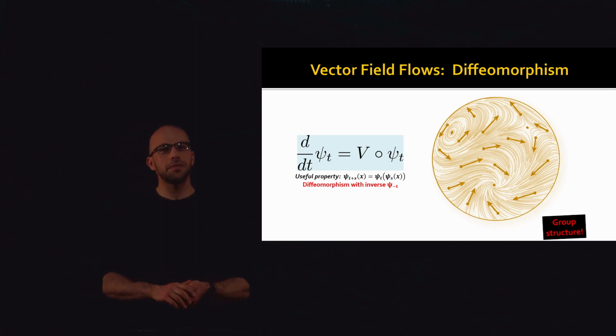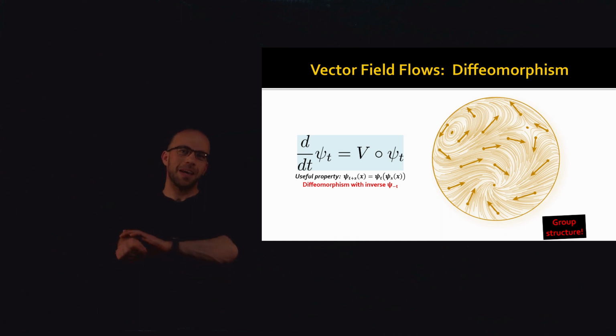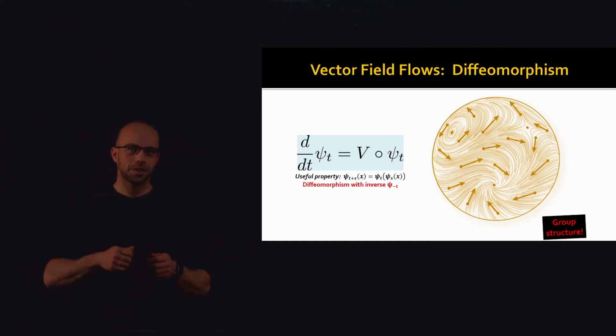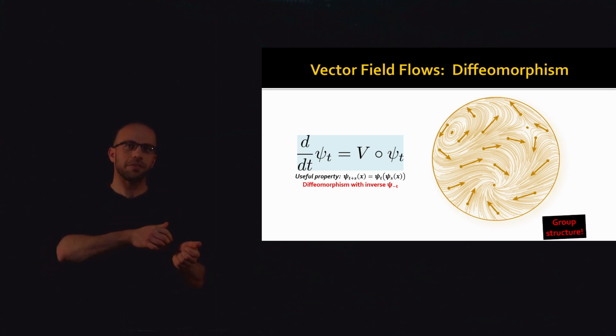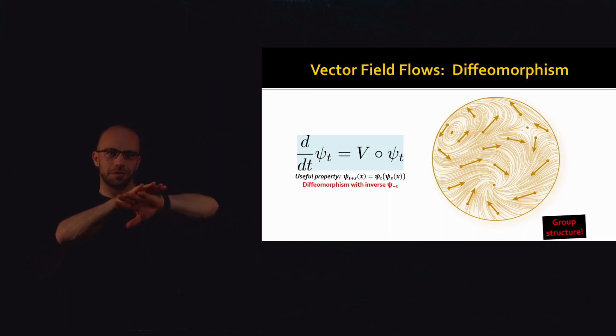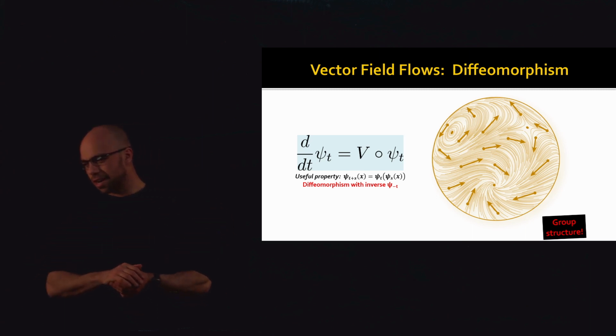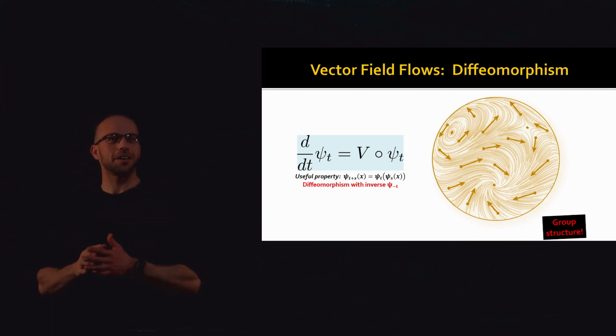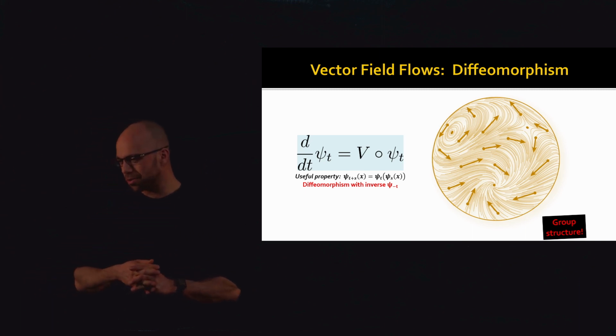Given a vector field V, we can come up with a self-map of my manifold onto itself, which is given by solving the ODE where the flow is given by V. The idea here is that the vector field is telling me how to flow the surface along itself. There's actually a nice group structure here, which is illustrated underneath our equation, but that's not going to matter a whole lot for today.